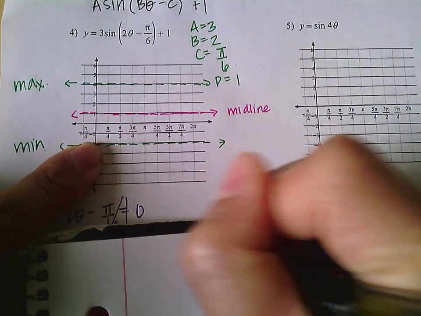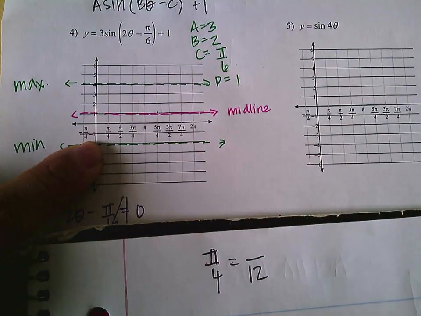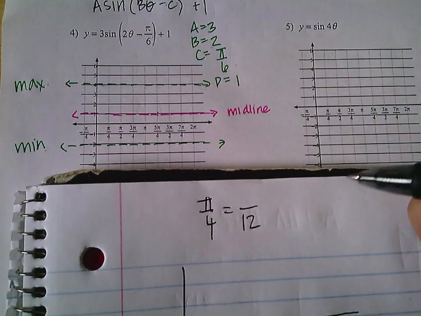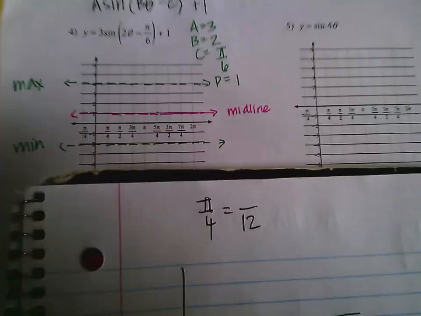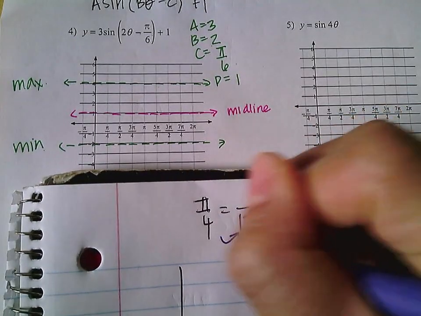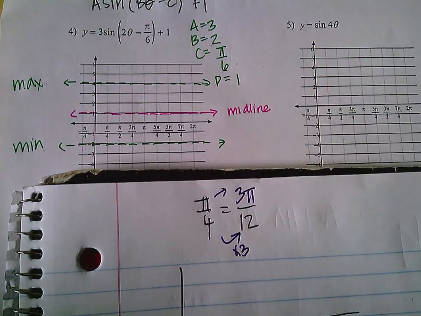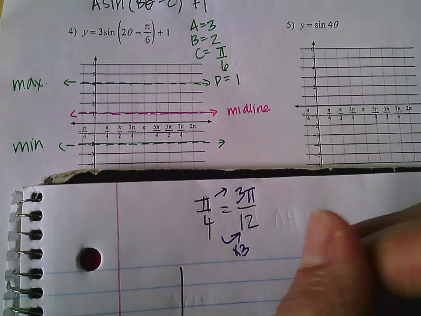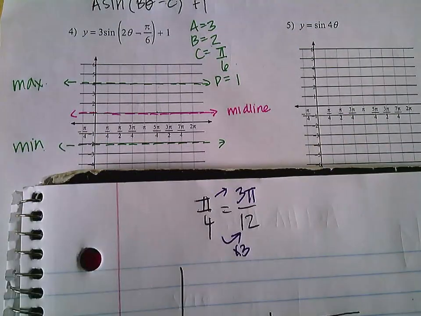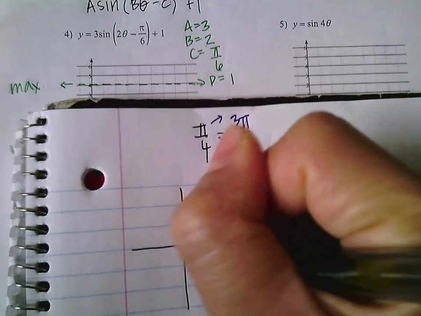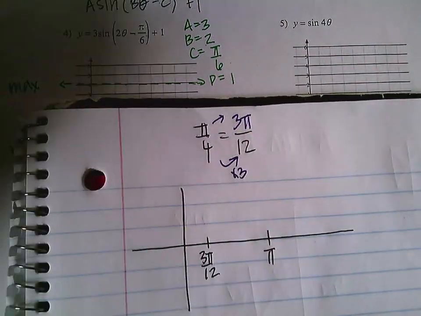I want to turn this fraction so it has 12 as its denominator. I multiply by 3, so I get 3 pi over 12. So instead of pi over 4, we have 3 pi over 12. That is the exact same thing.